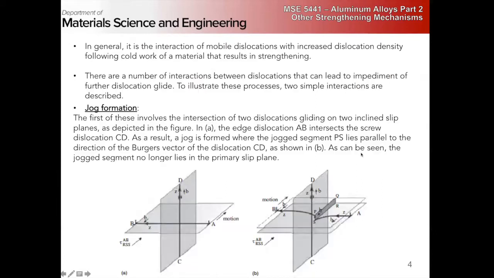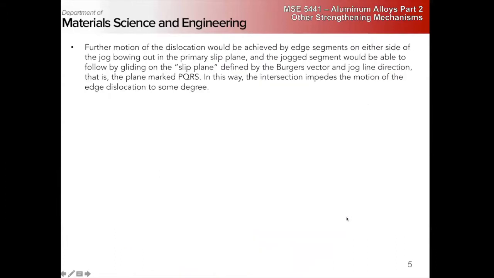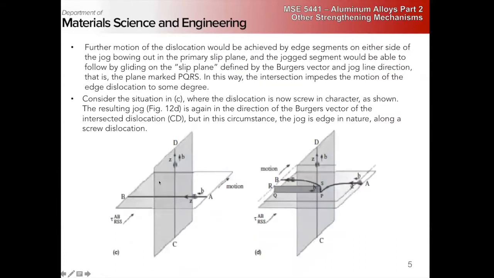In this case, it's still not an impediment to move, because this is between an edge and a screw. So the jog on this edge isn't so much of an impediment.